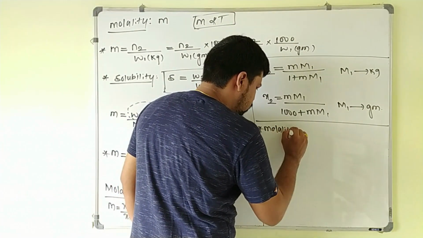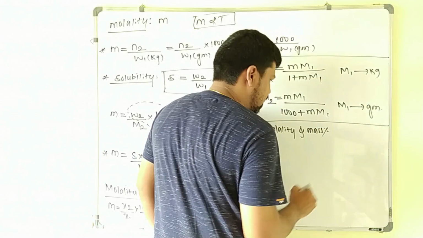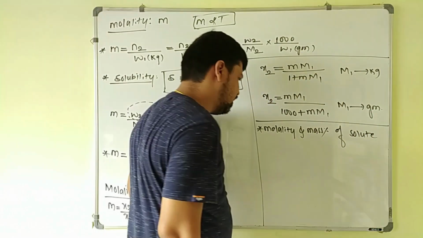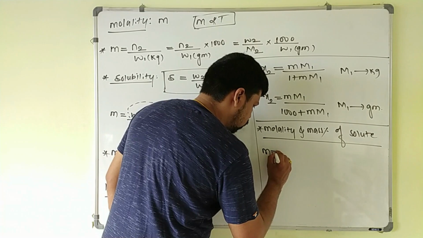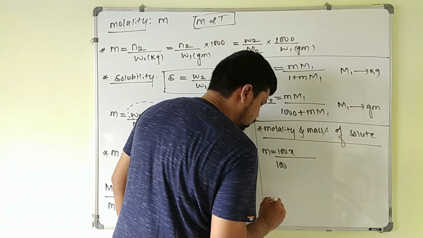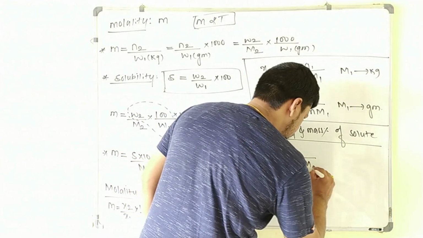Molality and mass percent of solute. In this one, again, molality is equal to 100 into x divided by 100 minus x into M2.